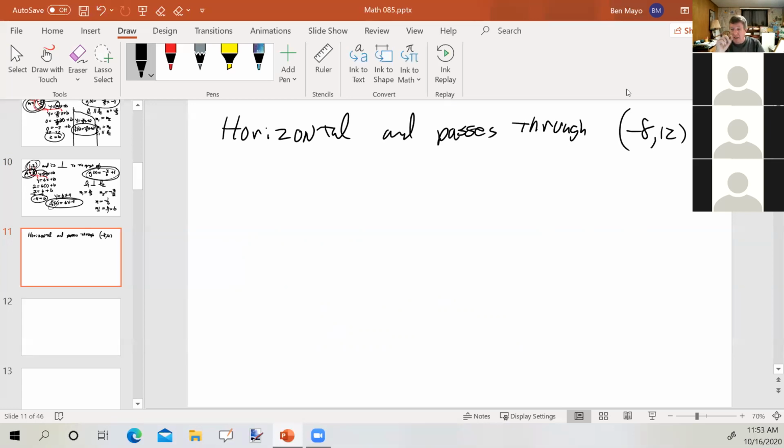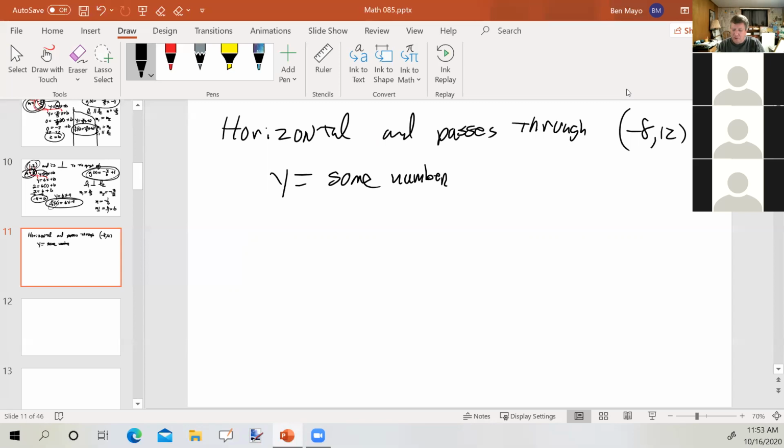And I said that was like y equals 2. And one of you told me about how a horizontal line is y equals a constant. We never talked much about the vertical line. You mentioned it, but a vertical line would be x equals a constant. So a horizontal line would be y equals some number.